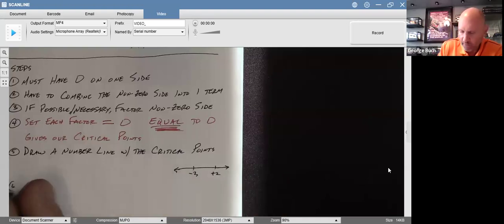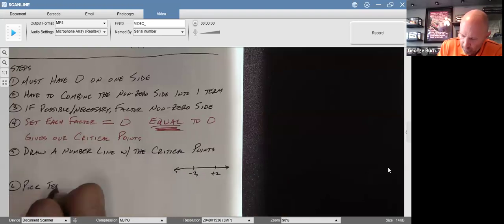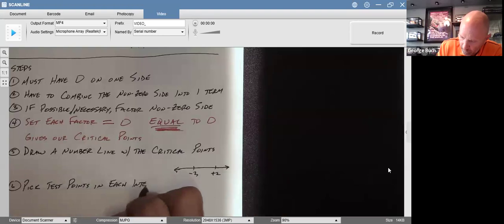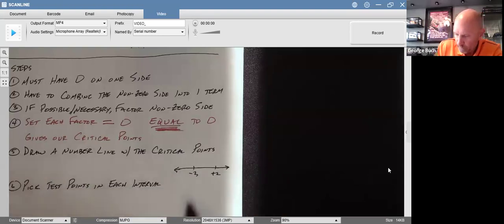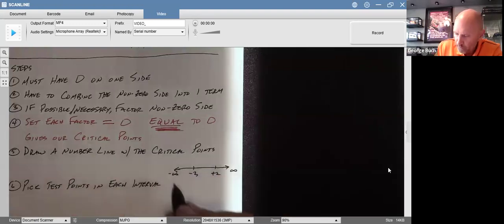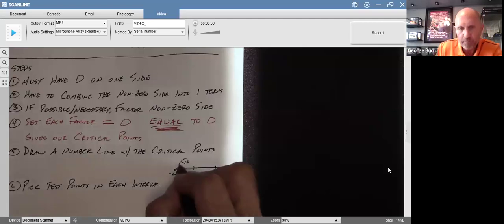Step 6 is I want to pick test points in each interval. So this is -infinity down here. This is +infinity up here. So something between -infinity and -3, let's say -10.